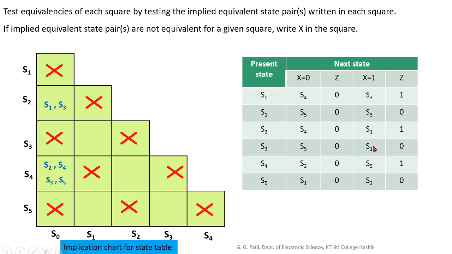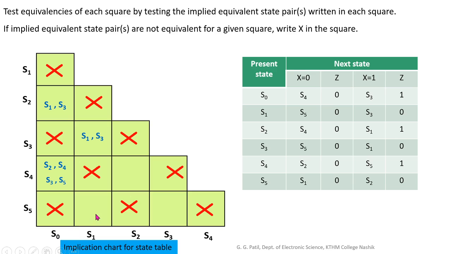According to the equivalent state property, each state pair is equivalent to itself. So S1 is equivalent to S3. That is clear.